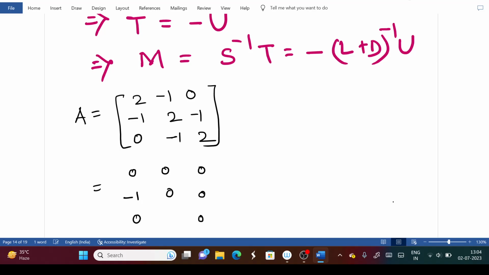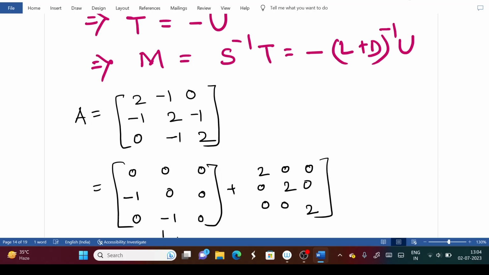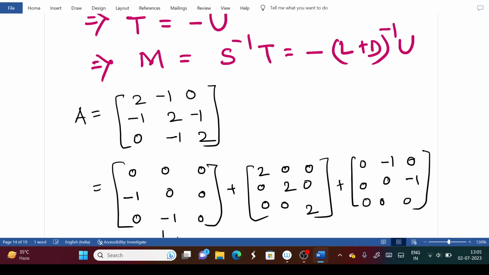So here minus 1, this 0. Okay, this is my L. Plus, what is my D? 2, 2, 2. Rest all elements are 0. It is my D. What about U? Diagonal elements and lower elements all are 0. Just the upper part we will copy from the matrix. So this is my U.